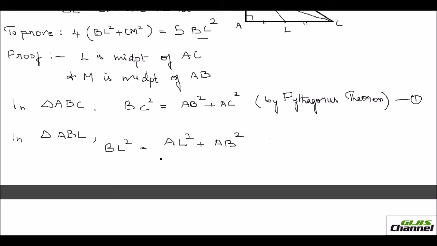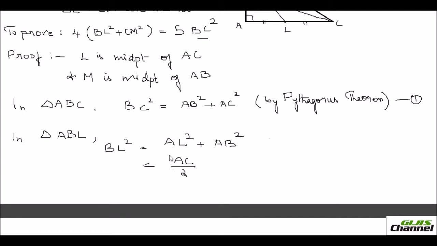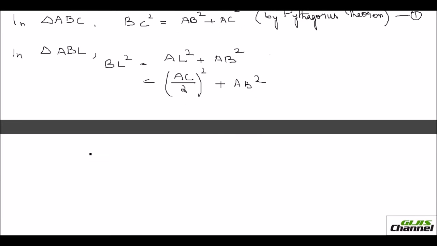Now what I am going to do is, this AL square I will change it as half of AC square, right? So AL is half of AC, the whole square, plus AB square. So from this I can say that my BL square is equal to AC square over 4, I'm just squaring both the numerator and the denominator, plus AB square.